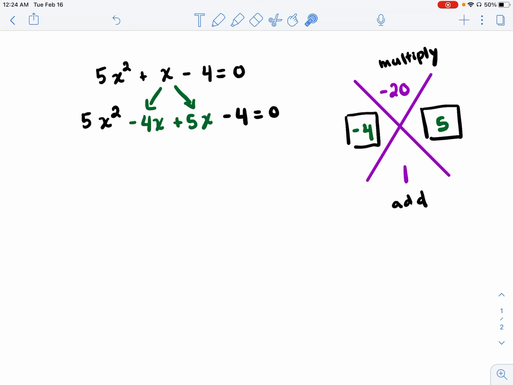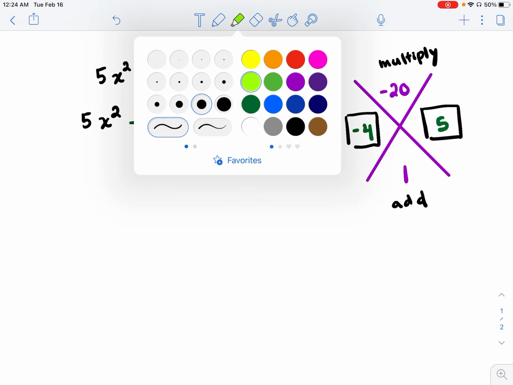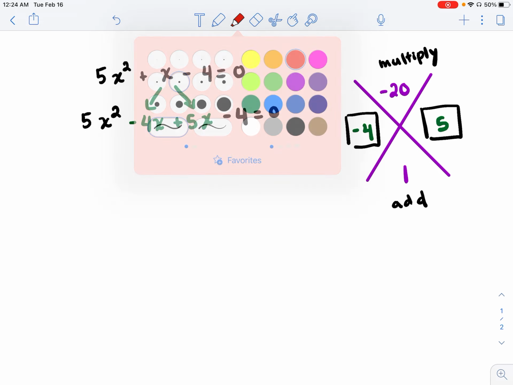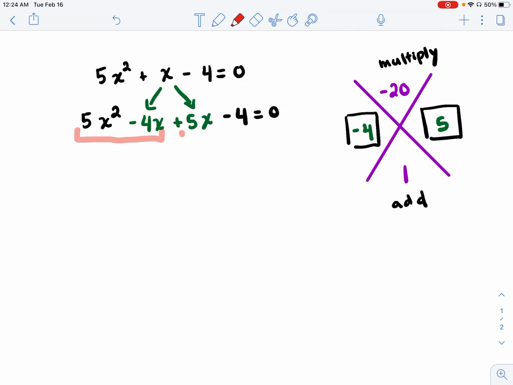So eventually, we're going to want to group up these two and group up these two. So you'll notice we have a 5 here and we have a 4 here. So looking at our two terms, it might actually be better if I switch them around. So if I did plus 5x here and negative 4x here.